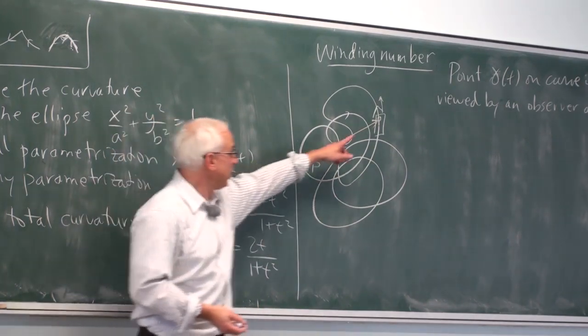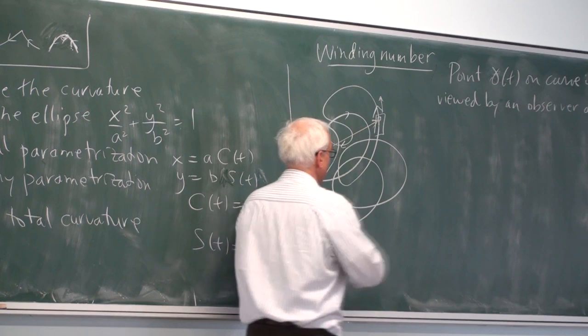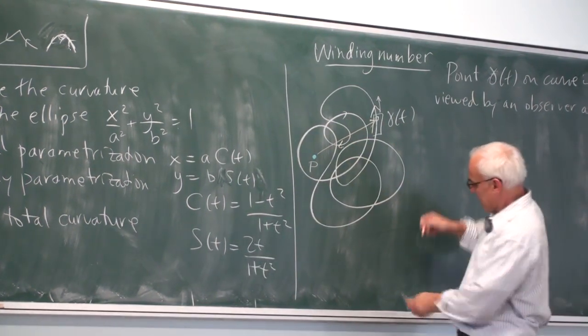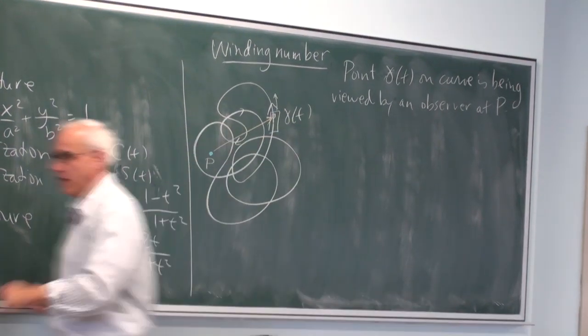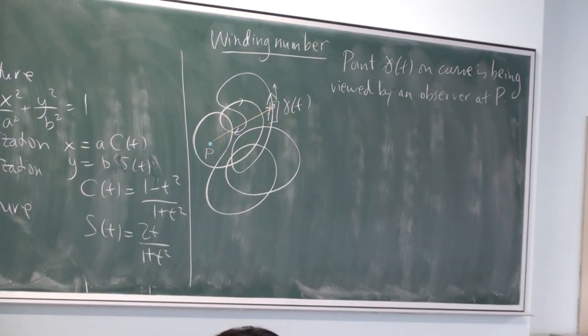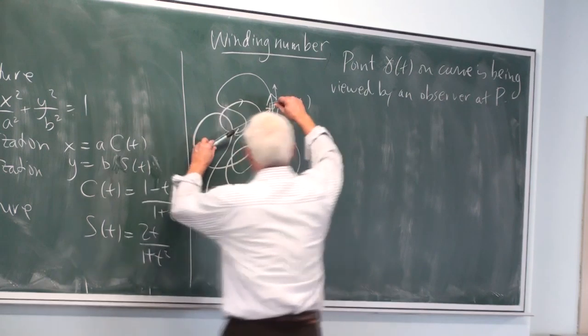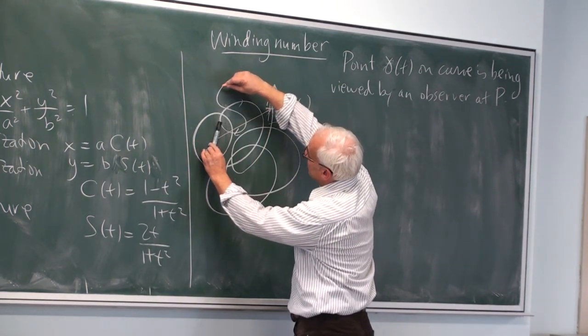All right, so at this position here, the vector joining P to the point on the curve, gamma of T, is in this direction. And as we're moving around, maybe I'll get a pen to illustrate. So as the point on the curve moves, we're following it.